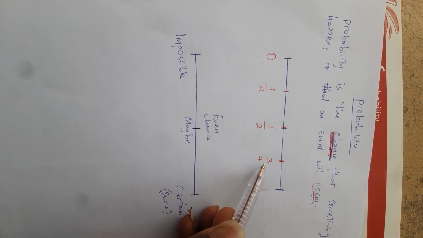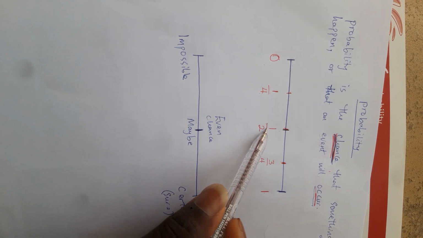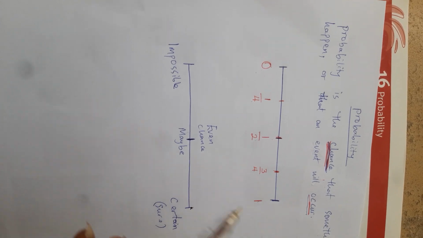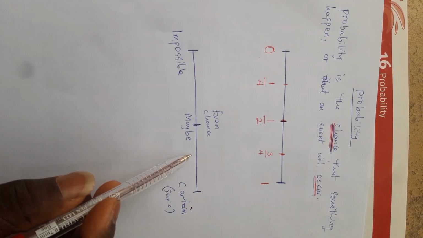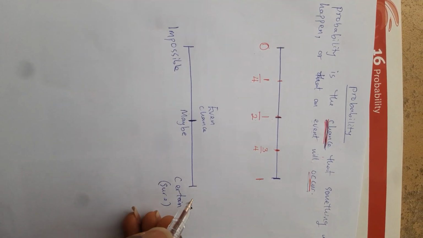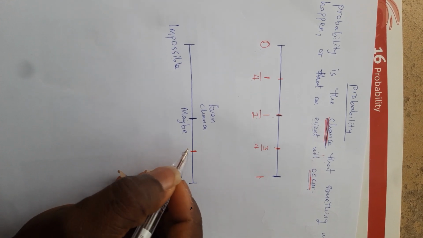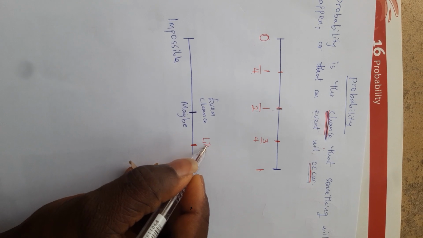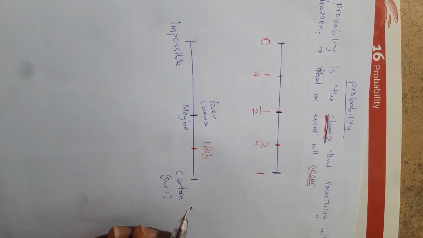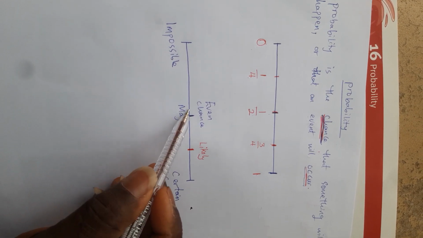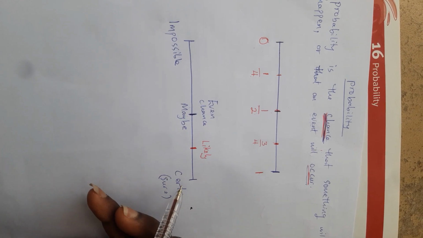Now what does 3/4 mean between your half and your 1? It means from maybe to certain, I have a statement that is called likely. Can you see? Likely, between your maybe or your even chance and certain.